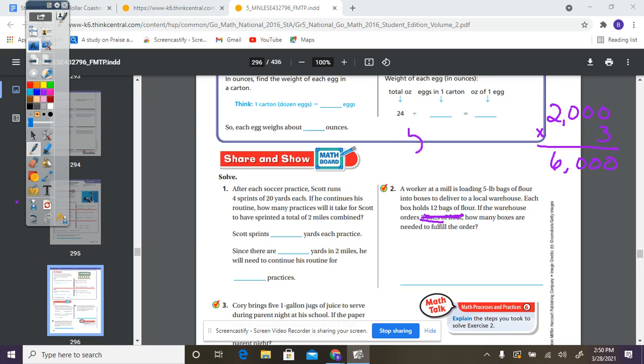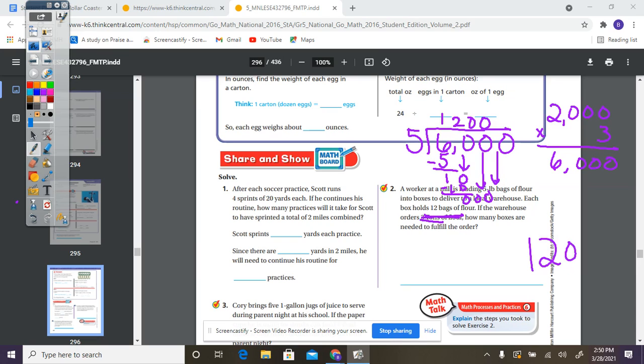So we need to divide 6,000 by 5. So there's 1,200. That's an important number, 1,200.